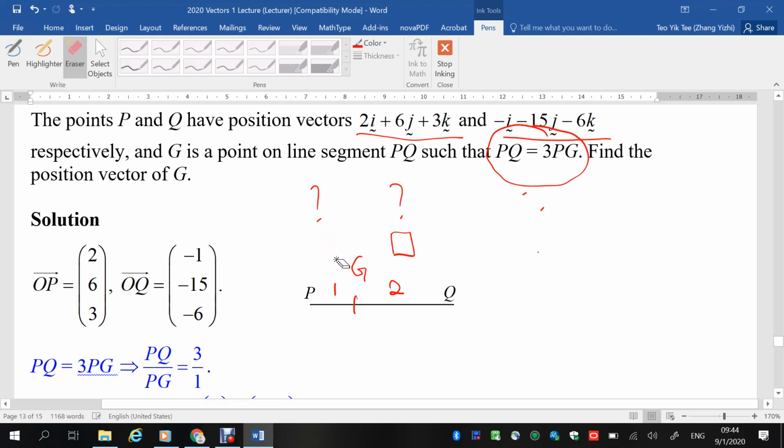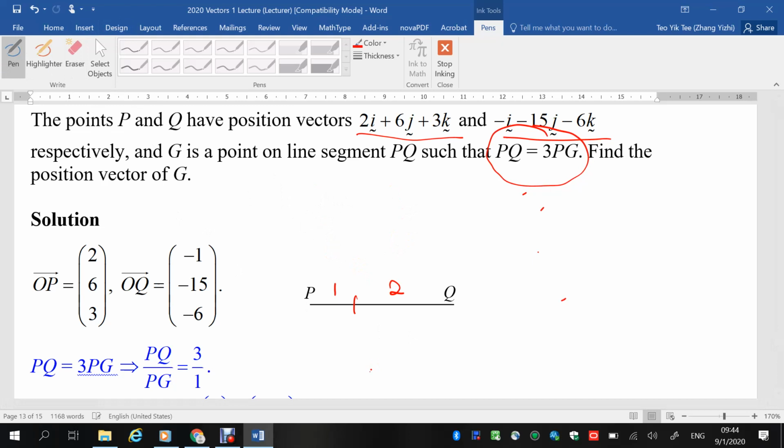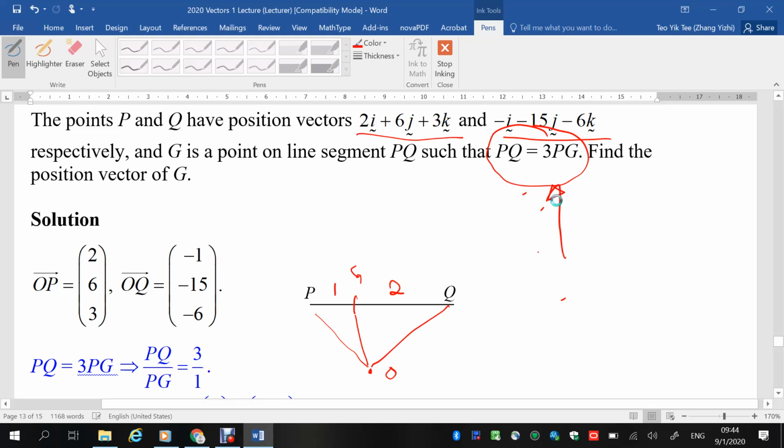So look at this diagram that you actually just drew. If I were to put an O down here, do you know what kind of question it is already? It will be a typical ratio theorem question. So when you see something like PQ equal to 3PG, this is an indicator that you surely will be using your ratio theorem sometime, somewhere in the question.